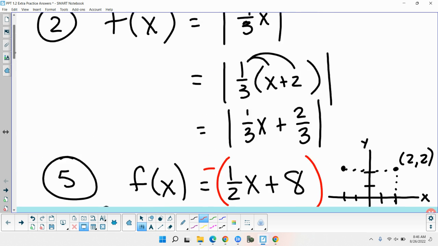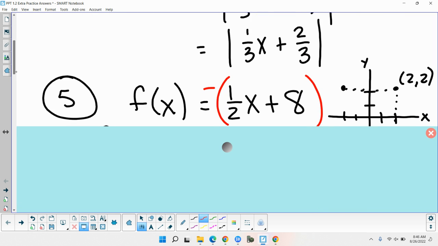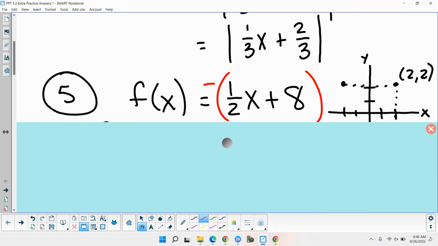Oh, I just skipped 3 and 4, I guess. Because all we're doing is subtracting 7. So the 2 minus 7 gets you the negative 5. And for number 4, all we're doing is adding the 6. So it's the negative 1 plus 6, and we get 5 on the end. Okay? Those are pretty easy, I think.